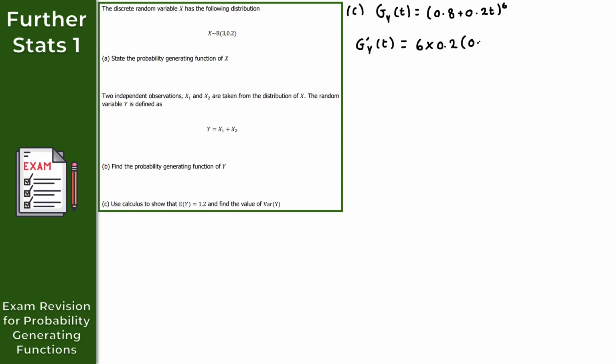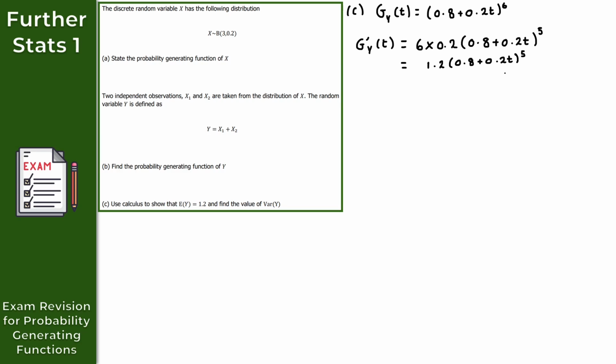So 0.8 plus 0.2t, and this is to the power of 5. If we simplify, 6 times 0.2 gives me 1.2. I get 1.2 times (0.8 + 0.2t) to the power of 5.